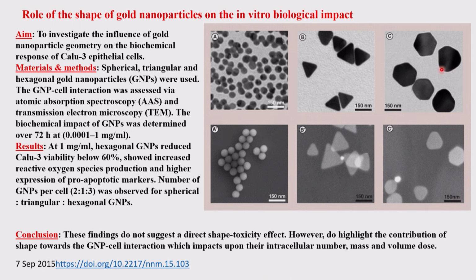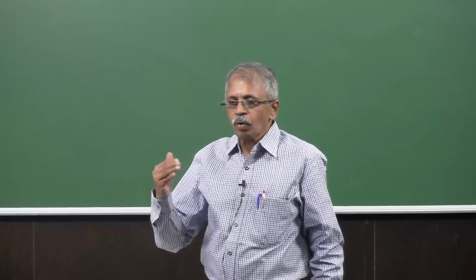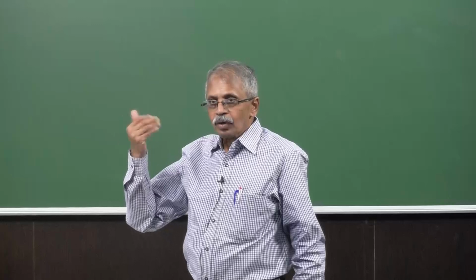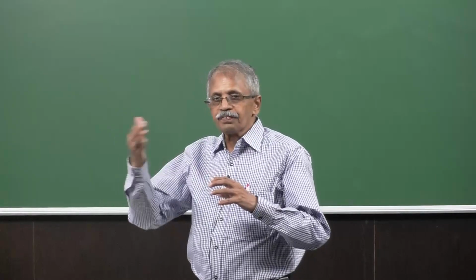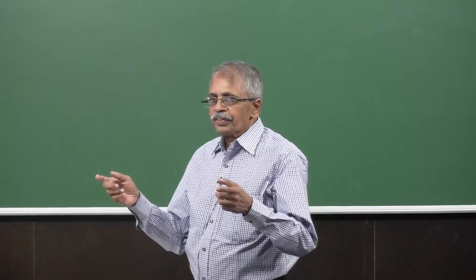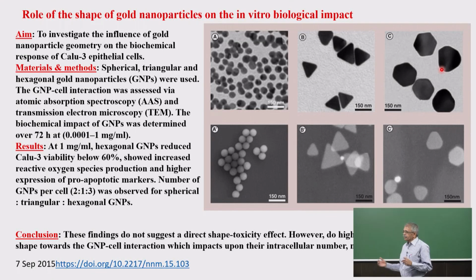So you can make beyond spheres and rods: spheres with different sizes, rods with different aspect ratios, and then you can also make triangles and hexagons, again of different sizes.